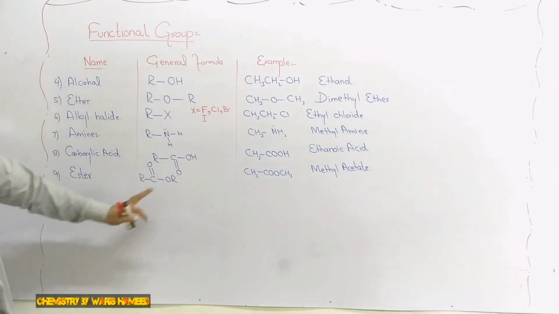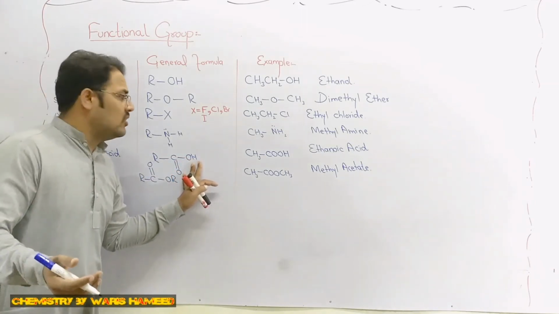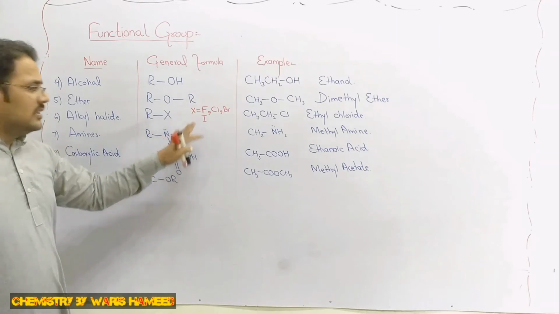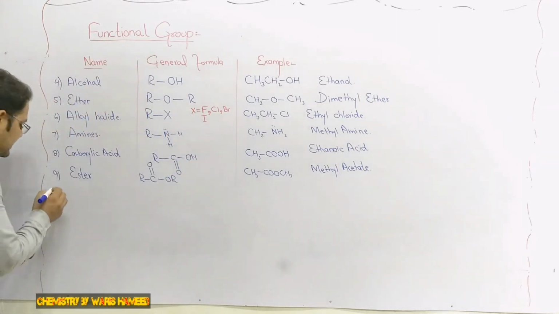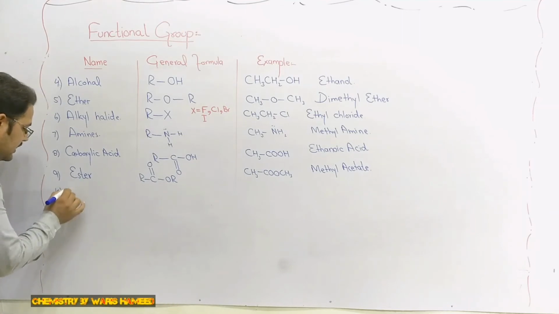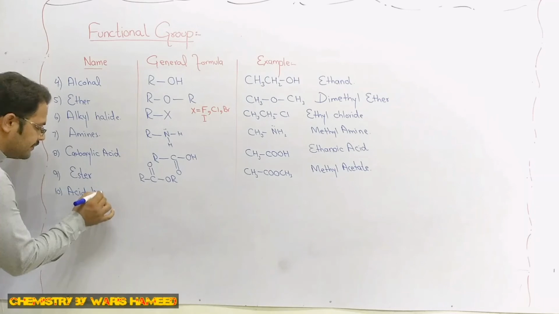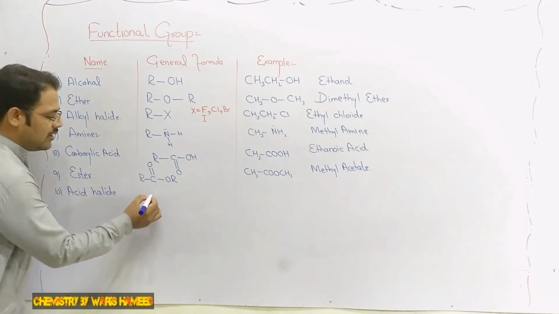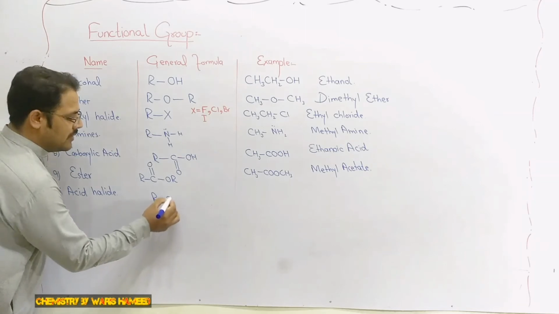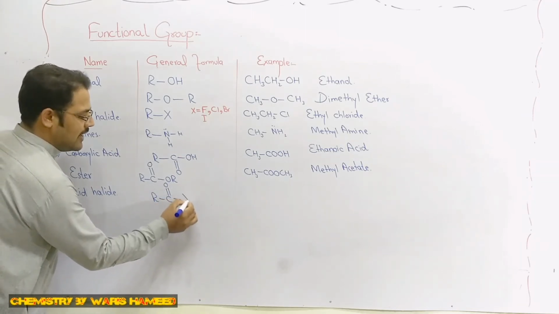If we replace this hydroxyl group with chlorine Cl or any halogen, then it forms an acid halide. Then the next functional group is acid halide: OR group, single bond carbon, double bond oxygen, X atom.